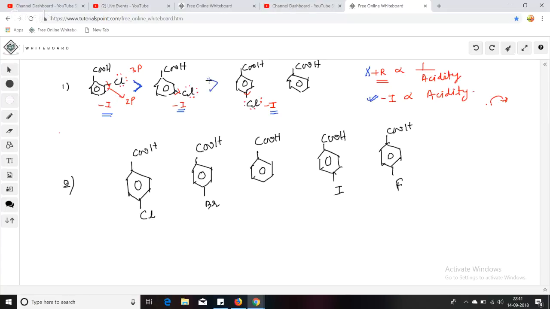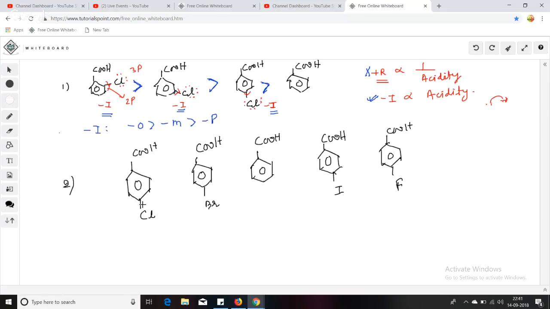Then we have meta, and then we have para, and last one we have this. So the effect of minus I follows this order: maximum at ortho, then at meta, then at para, because we are going away from the functional group. Okay, I hope it is clear.